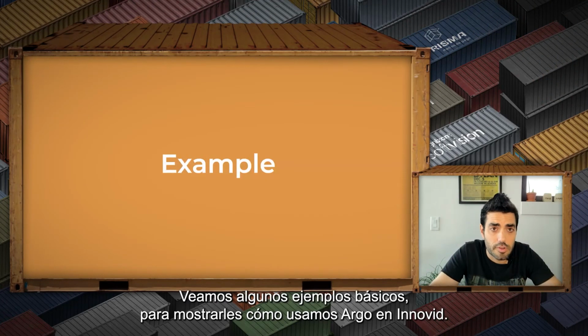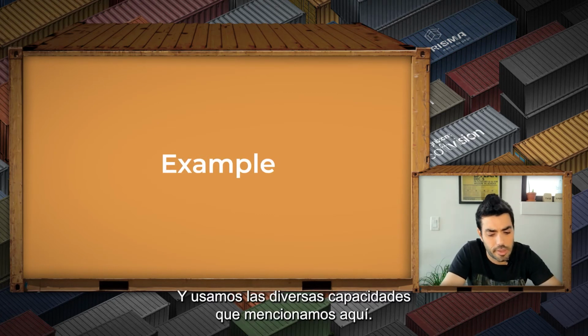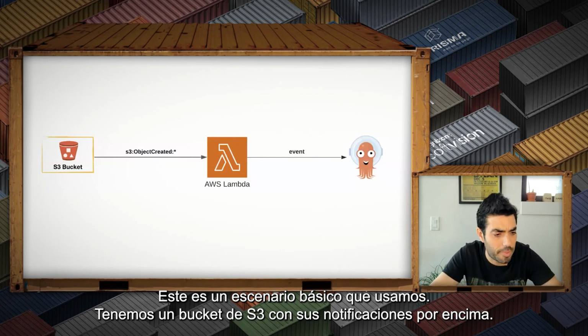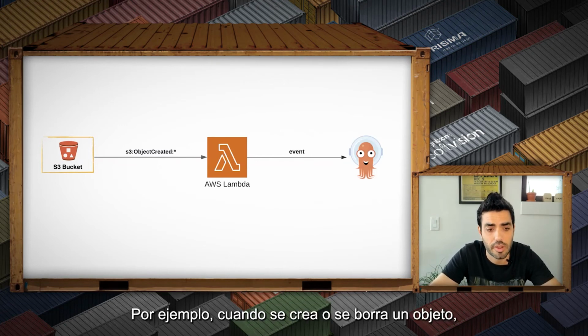So let's go over some basic examples to show you how we use Argo at Innovid and use the various capabilities that we've mentioned here. This is a very basic scenario that we use. We have an S3 bucket with bucket notifications on top of it.